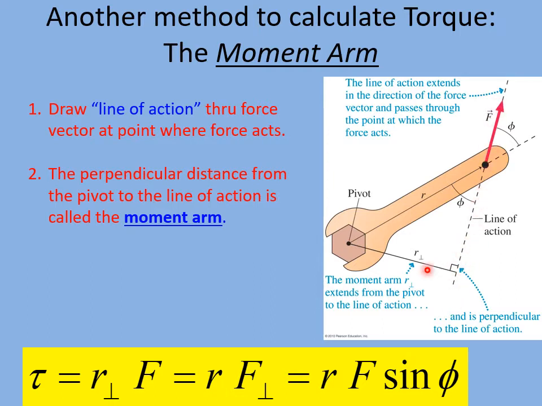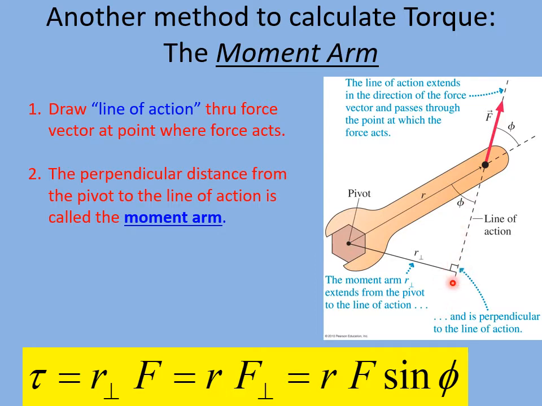And then what we do is measure from the pivot, the axis of rotation, the perpendicular distance to this line. So notice this R perpendicular makes a right angle to the line of action. The other way to think of this distance, R perpendicular, is the shortest distance between the pivot and the line of action, and that will automatically make this right angle.